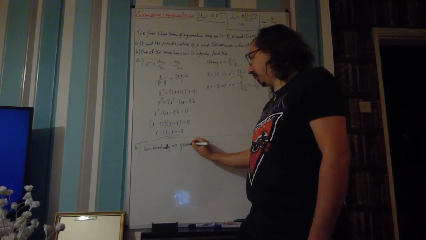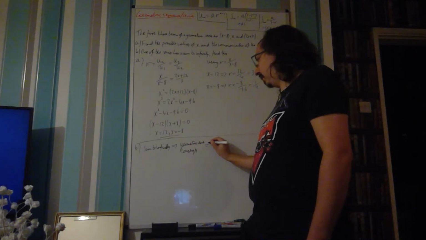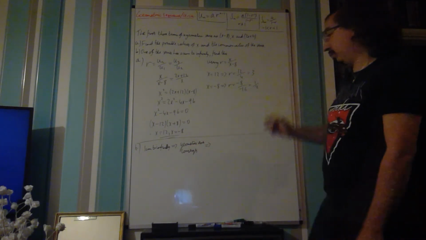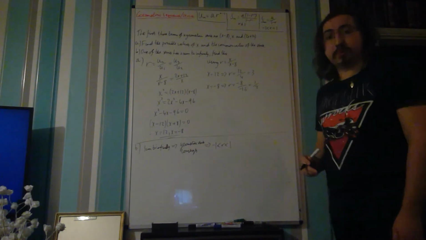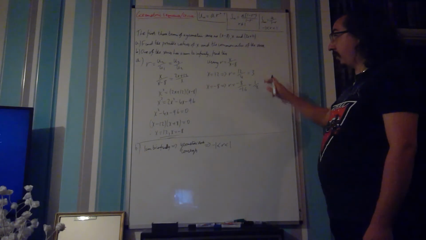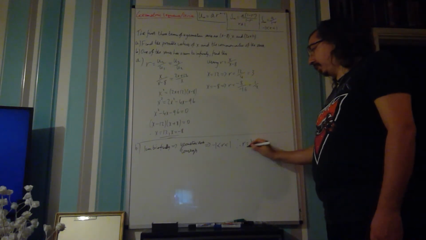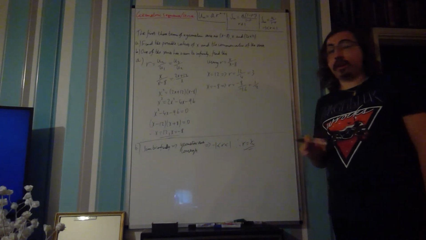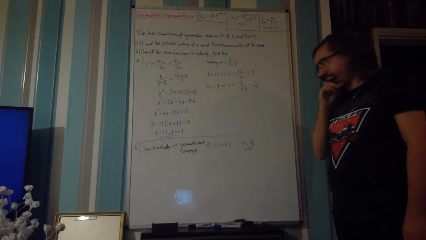So the geometric series converges. And if that's the case, we know that our r value is trapped between minus 1 and 1. So from our two values for r, that implies that r must be equal to a half for our series with a sum to infinity.